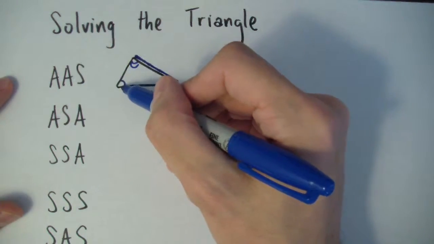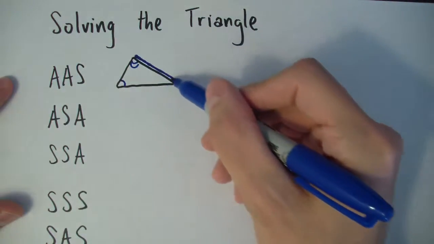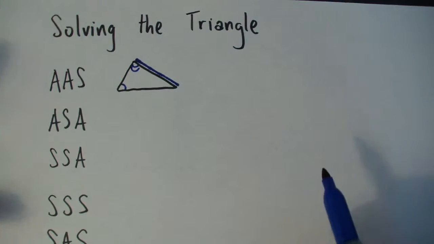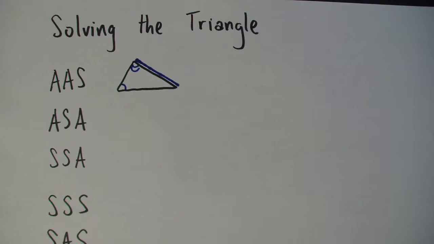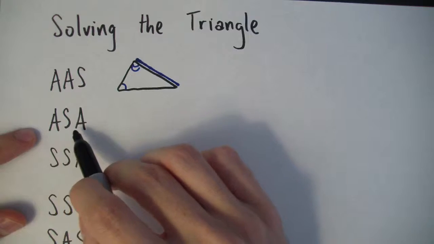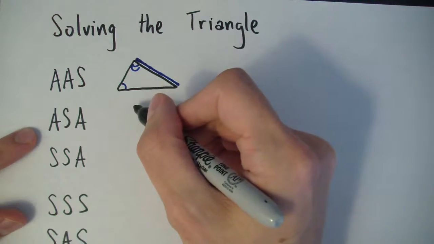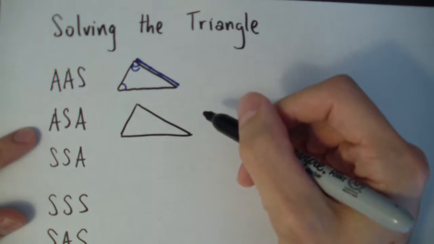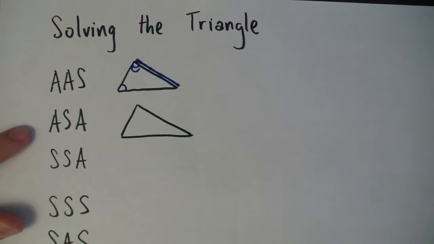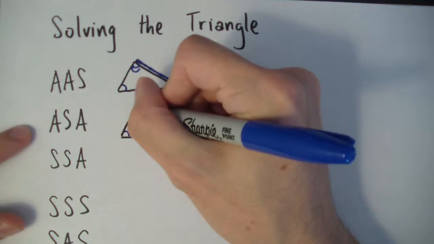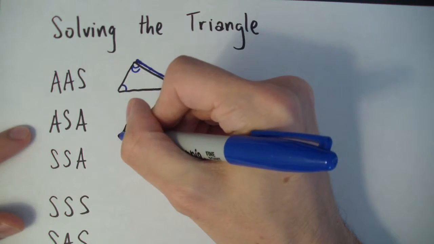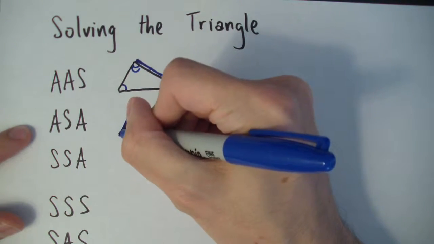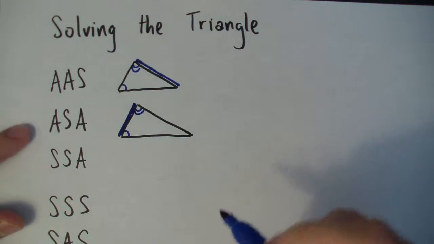So we're told this angle, and then this non-included side. This is in contrast to the angle, side, angle situation, where we're told two angles, and then the side that's between the two angles. So we were told that side.